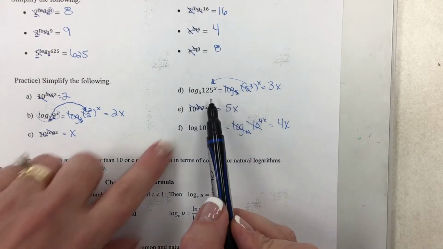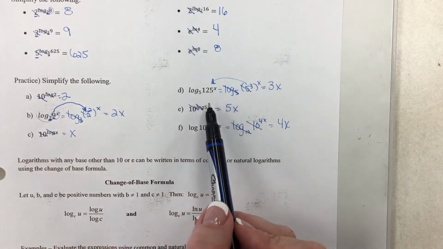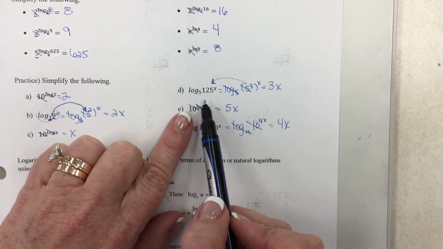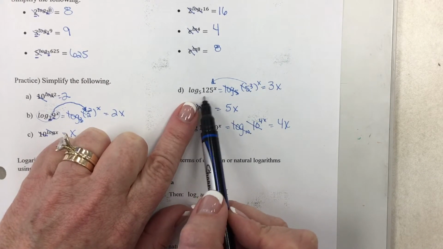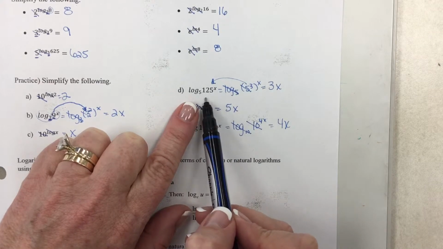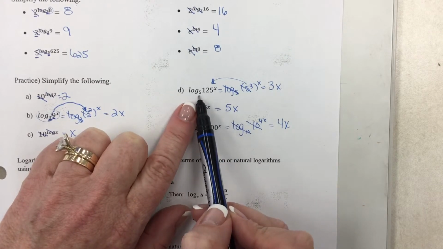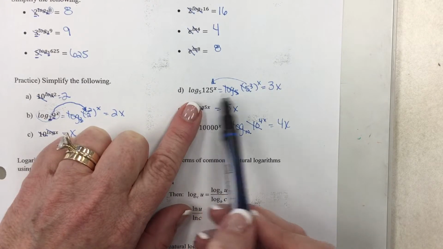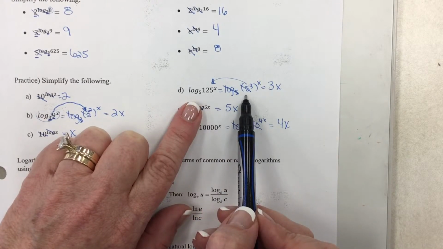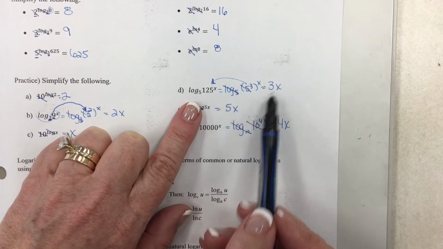And if they're not the same, ask yourself, can I rewrite that as a base so that they are the same? That's what we did on D. The base of the logarithm was 5, but can I take the base of that exponent and rewrite it with the base of 5? I sure can. 5 cubed is the same thing as 125.